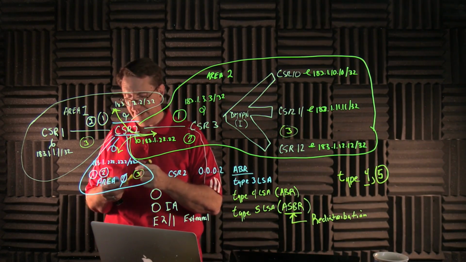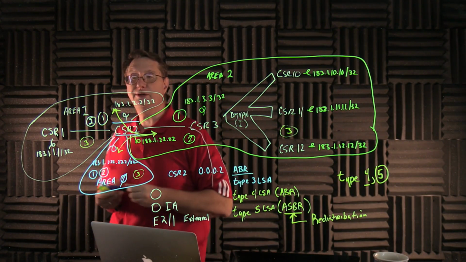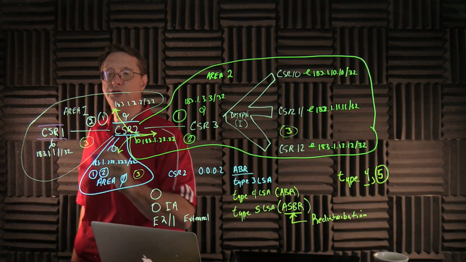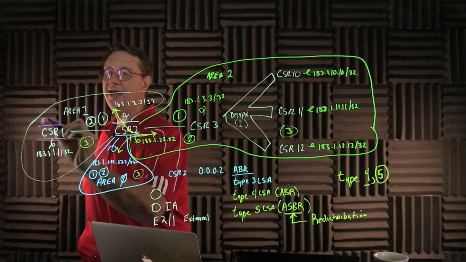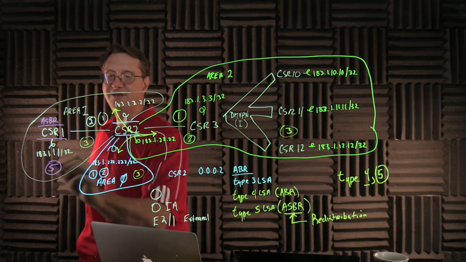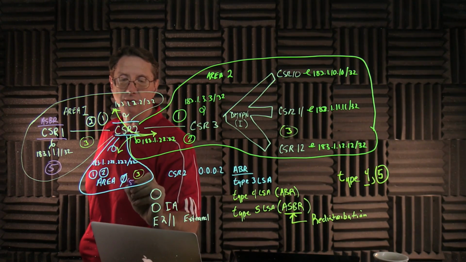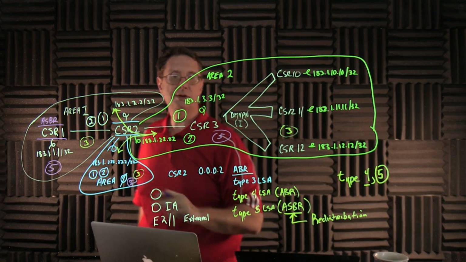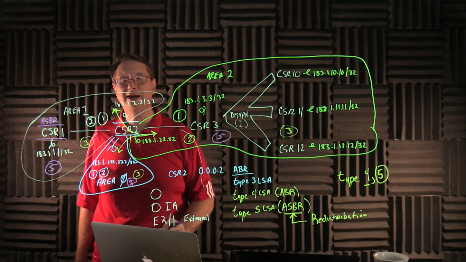And we also have to keep in mind that when we do this process of redistribution, we generate a device where the redistribution takes place called the ASBR. And that ASBR creates type 5 LSAs that go everywhere by default. So they'll appear in every area.